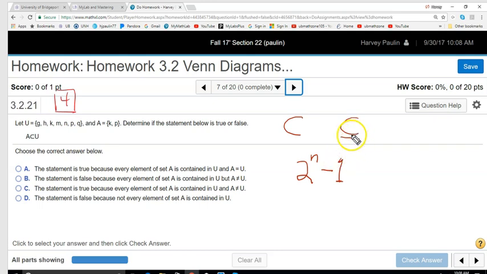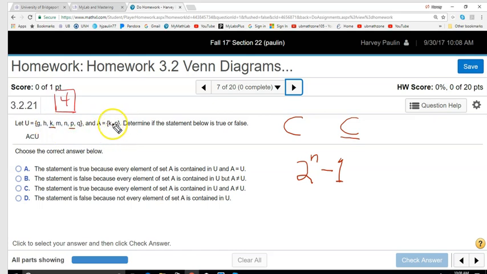So where a set is a subset of itself, for it to be a proper subset, it has to have one element less. So as we look at this, set U is this, set A is this, and there is a K and a P.